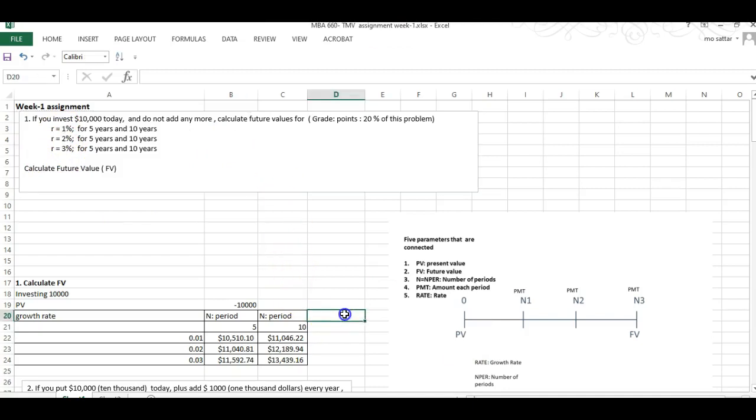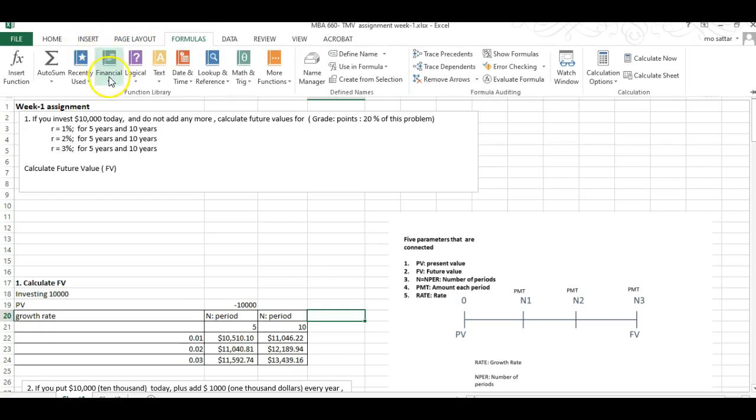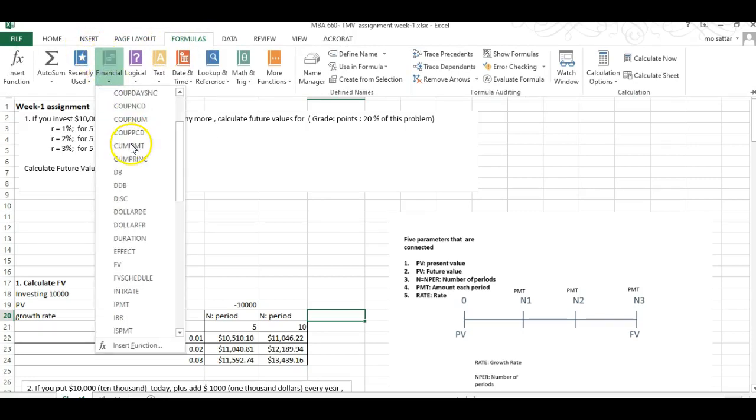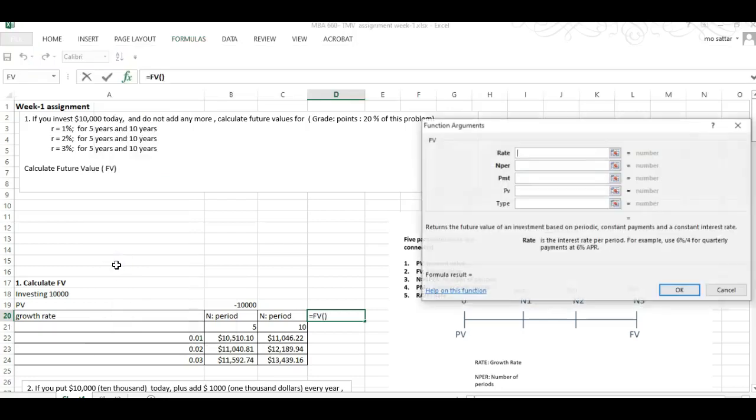The way you do it is you go to the formulas on the top, come down, find financial formulas, and then you go down till you find future value, which is FV. If I click on that, a box will open up. I set this up over here, so I have rate 0.01, which is 1%, 0.02, which is 2%, 0.03, which is 3%. And then I'm calculating the future value.